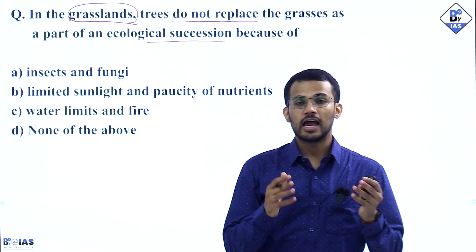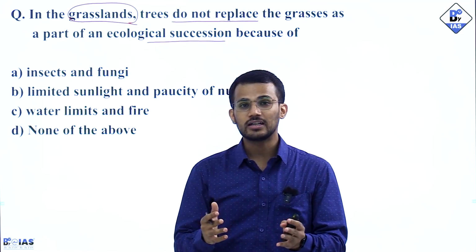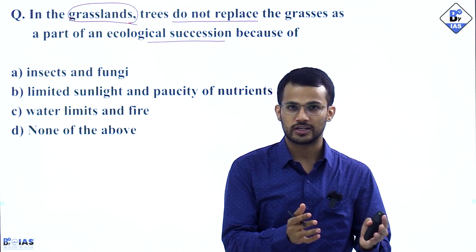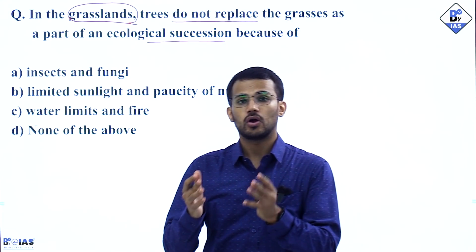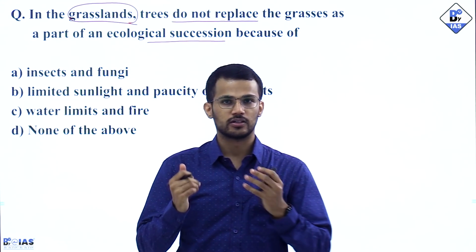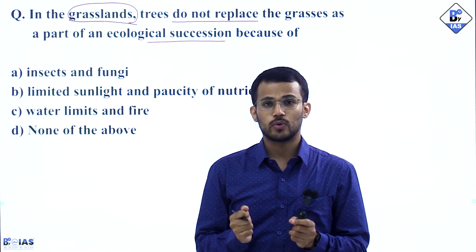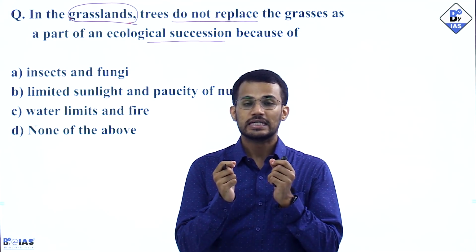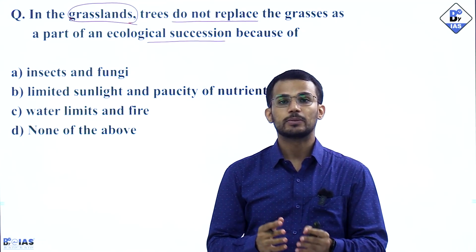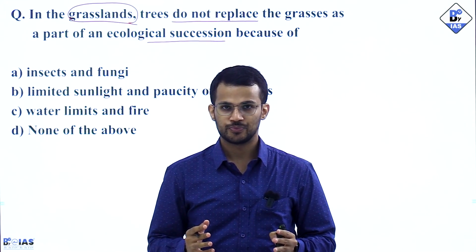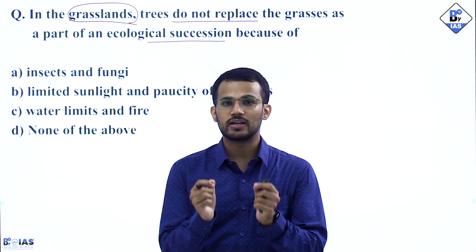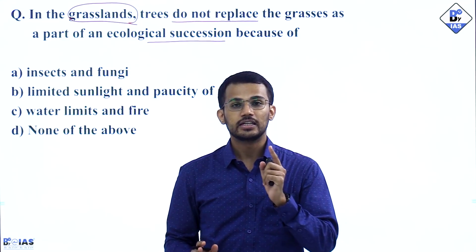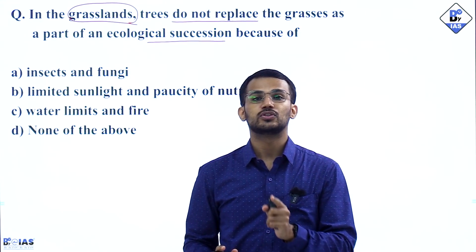That means the availability of water in the grasslands is not as good as forest, and it is not as bad as desert locations. And that's why the availability of water is the determining factor for the producers in the grassland. And as water is available only in sufficient or moderate amount, the tree species are not able to grow in the grasslands, right?